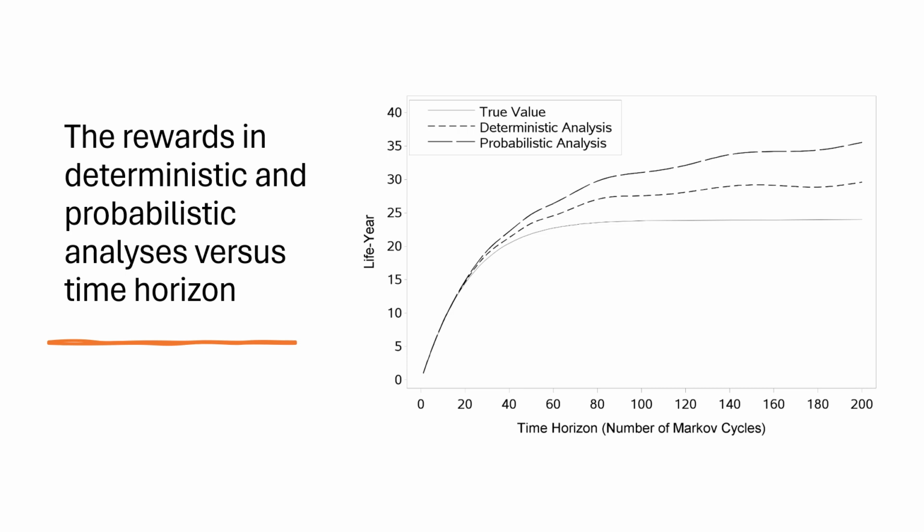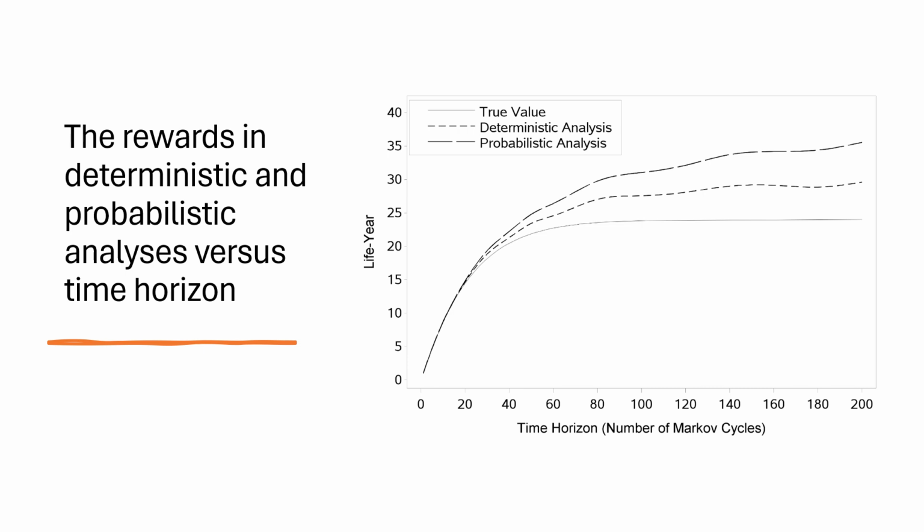Given a time horizon of 20 cycles, the biases from the deterministic and probabilistic analyses were 0.19 and 0.38, respectively.